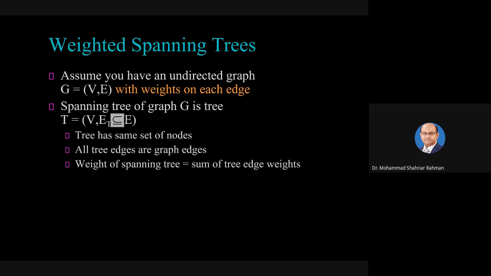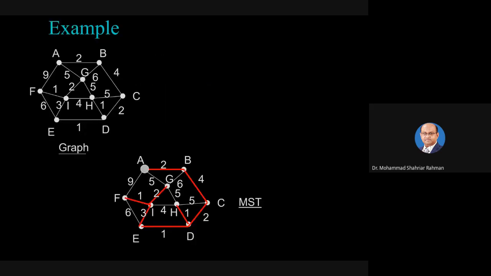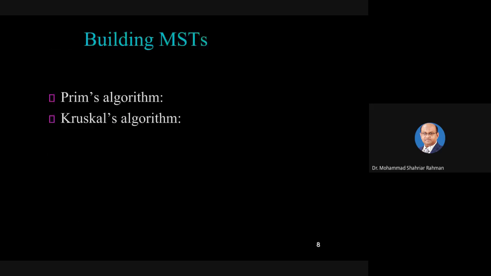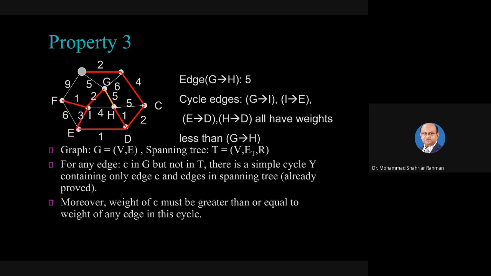So we have an undirected graph G with weights on each edge, and in such case, for such weighted spanning trees, the edge which is creating the cycle, its weight will be larger than any other edge's weight of that cycle, from that cycle.